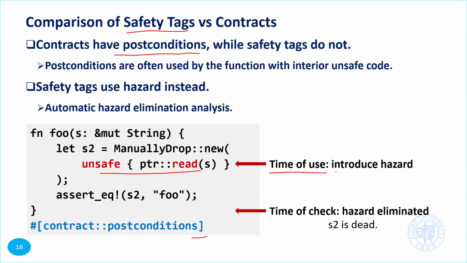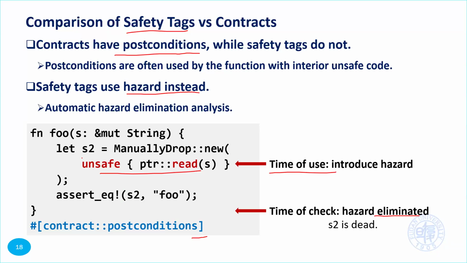When used, it introduces a hazard. When it leaves the function, we should check whether the hazards are eliminated or the post conditions are satisfied. However, for safety tags, we do not use post condition. We only need to check whether the hazards are eliminated, which can be done automatically, so we don't need to annotate post condition.